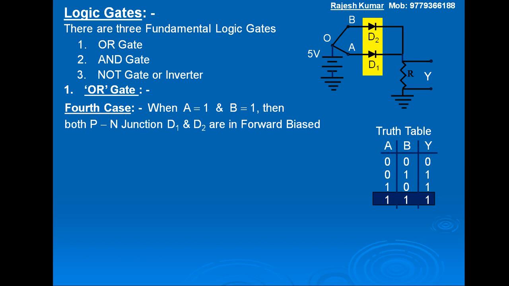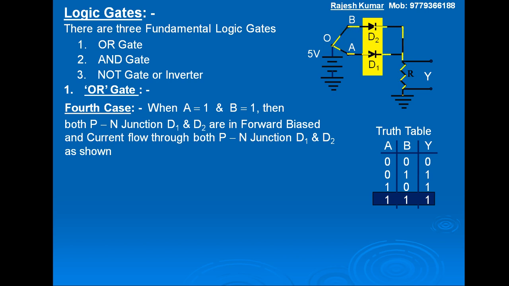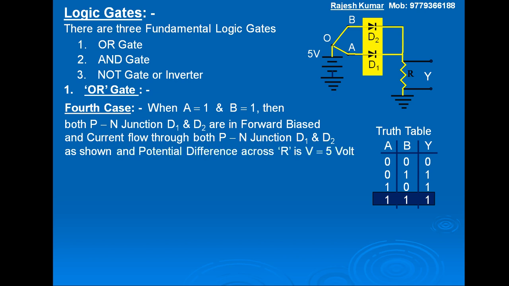If P-type semiconductor is at high potential and N-type at low potential, then it is in forward bias, and current flows through both PN junctions D1 and D2 as shown. See in the diagram, current is flowing through both the junctions D1 and D2 from P-type to N-type, and the potential difference across R is V equal to 5 volt.